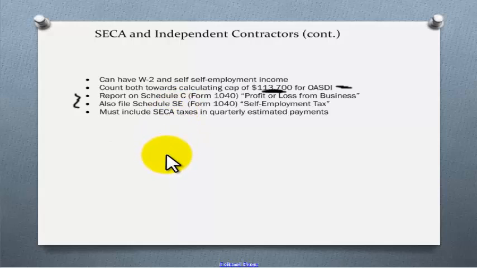Much like other taxes for the IRS, they still pay as you go. And so they don't want you to just wait until the end of the year to send in all your taxes. What they want you to do is make quarterly estimated payments. So basically after a quarter, you estimate, okay, I made this much, so therefore I owe this much in taxes. And so you go ahead and send that in each quarter, what you estimate to be your self-employment taxes.